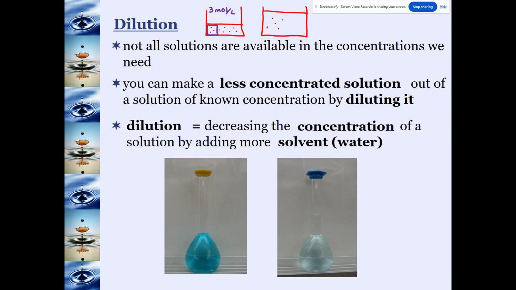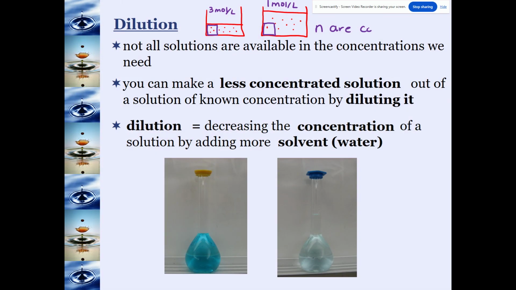But notice how they've spread out. I have a lot more space there. So now when I'm looking at a 1 liter section, I now have 1 mole per liter. So that section that we're looking at gives us the concentration, but the moles are constant.